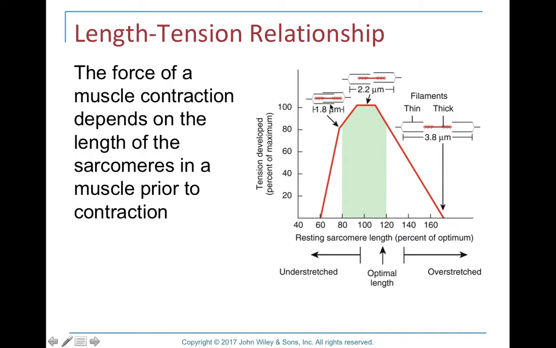The forcefulness of a muscle contraction is going to depend on the length of our sarcomeres within the muscle before the contraction begins. So you see here at optimal length, we are able to get the most forceful contraction or have the highest tension developed.